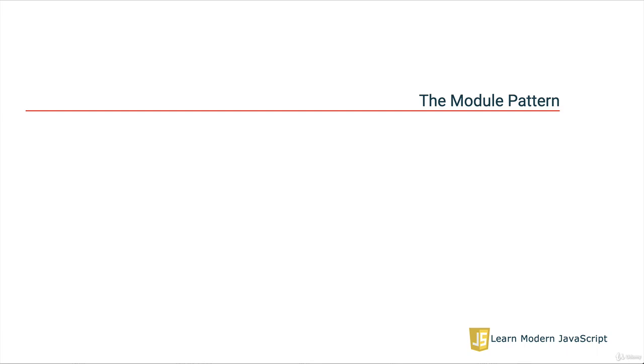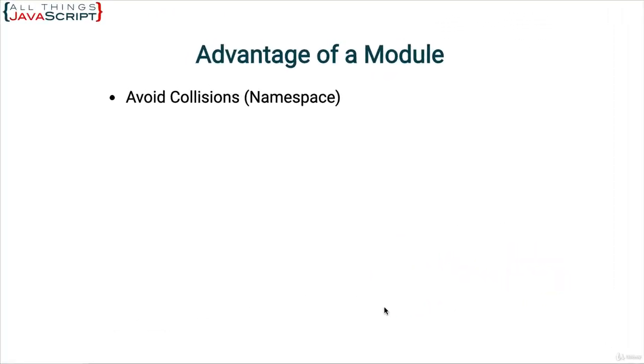Let's first look at the advantages of a module. So first off, I mentioned a module avoids collisions. This is referred to as namespacing. Now in JavaScript, global variables are available all over and can be written by other code or for people working on the same project.